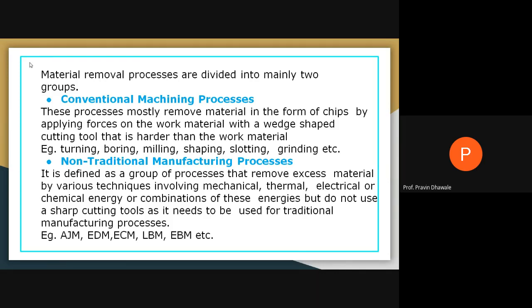In conventional machining, we remove the material from the workpiece by applying cutting force using a cutting tool against the workpiece, and the material removed is in the form of chips.